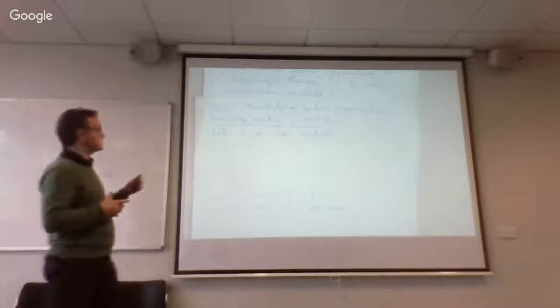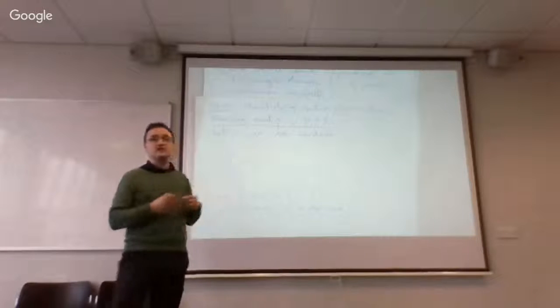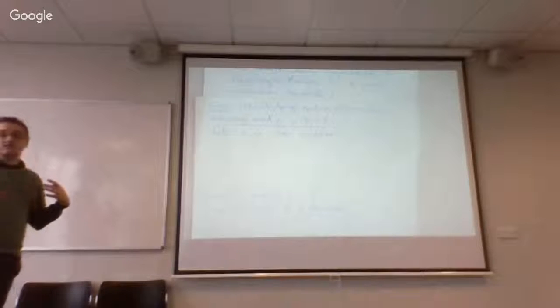So where is the thing that fills this gap going to come from? It can only come from the assumptions that you've made. What does it mean to assume that U and V are residues? It means that U is the square of something, V is the square of something.